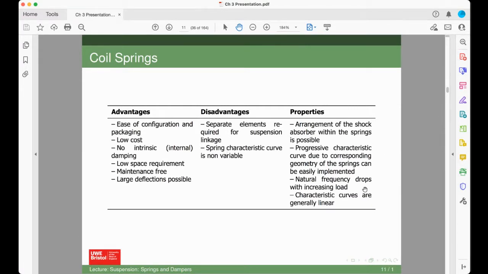Obviously you can often put the shock absorber inside the spring, which helps in terms of arrangement. The geometry of the springs can be changed to give you that progressive rate, and these characteristic curves are generally linear.